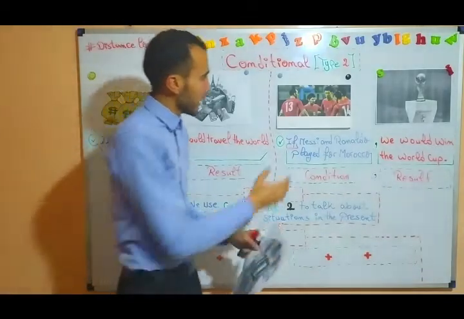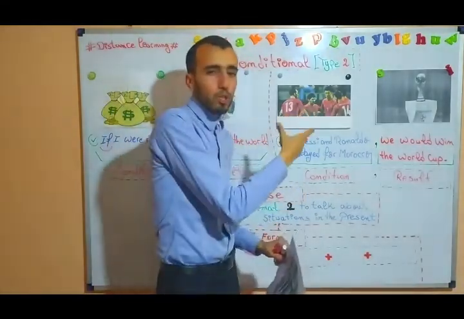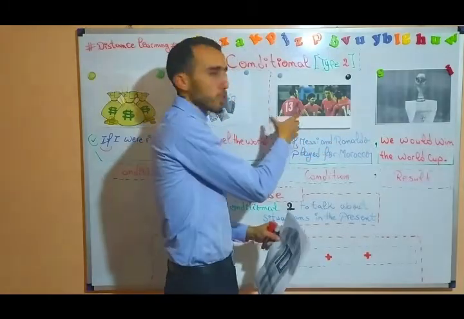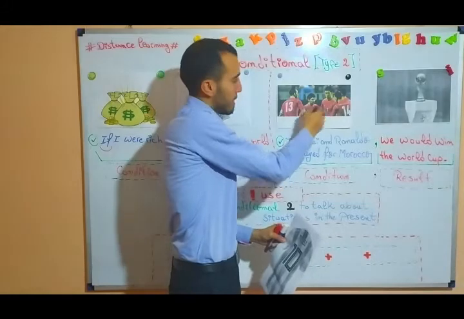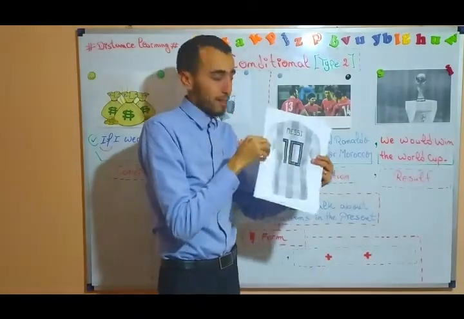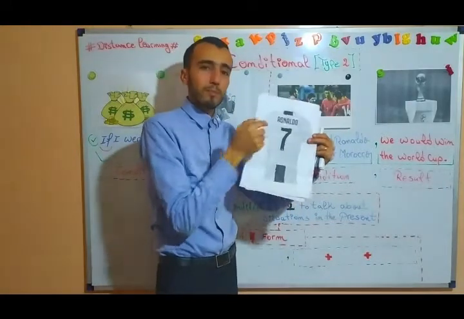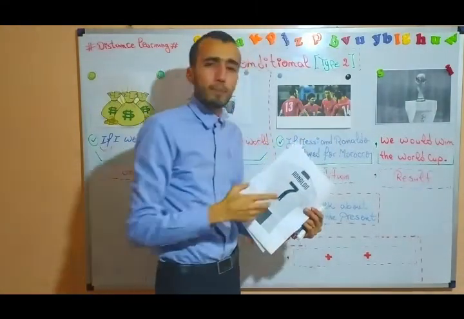I'd like you to have a look at this picture. I think the picture is not that clear, but I will describe it for you. It contains Messi and Ronaldo, part of the Moroccan football team.